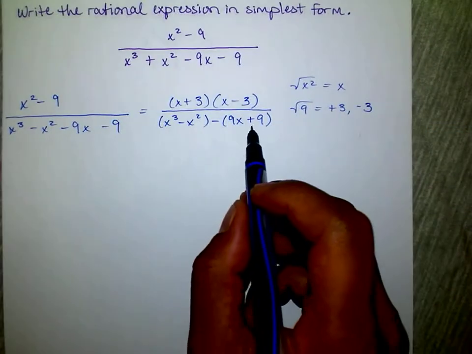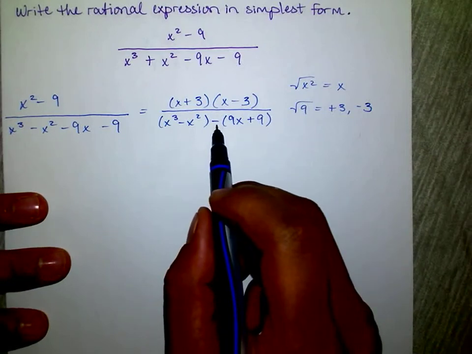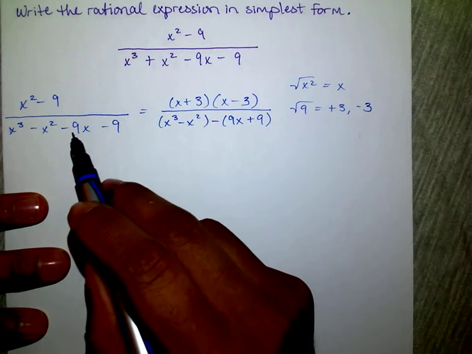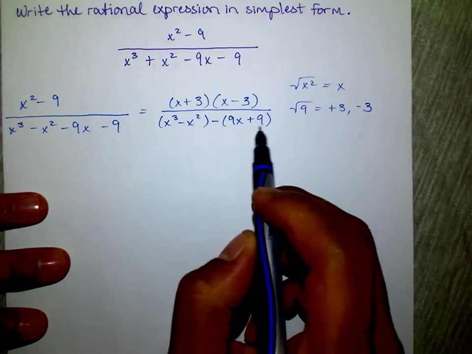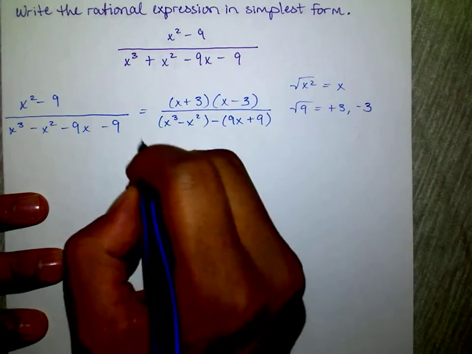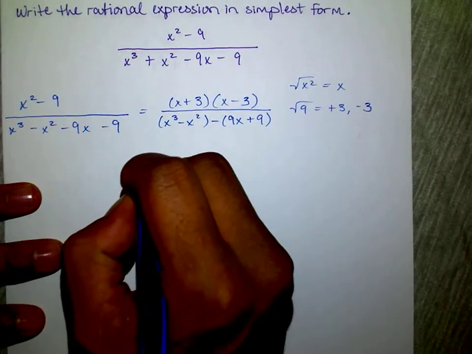Now the reason this changed to a plus sign here was because I factored out that negative, okay? And if I distribute it back, that'd be negative 9x, and then if I distribute it back here, that'd be negative 9. So now I'm going to go ahead and factor the other two.